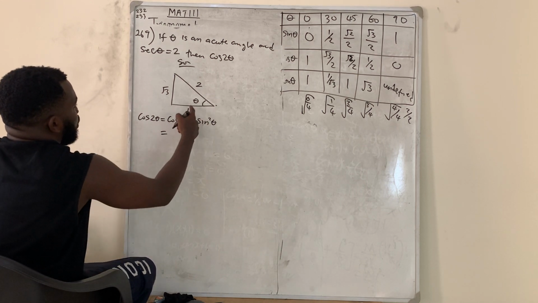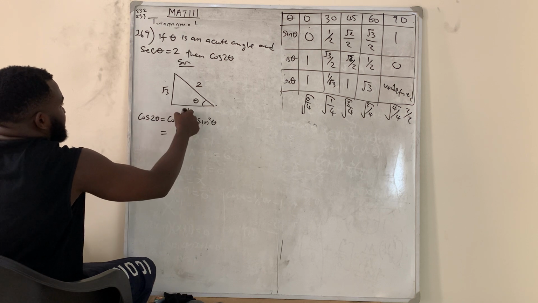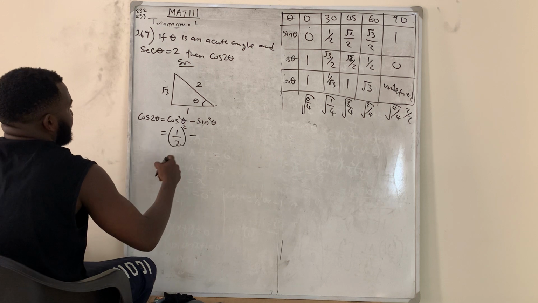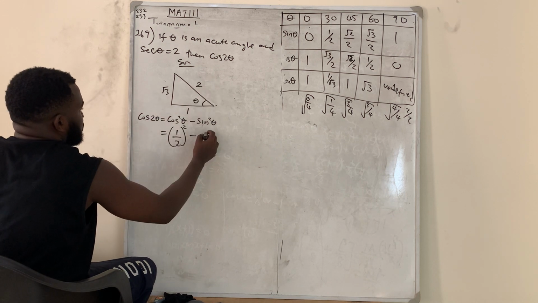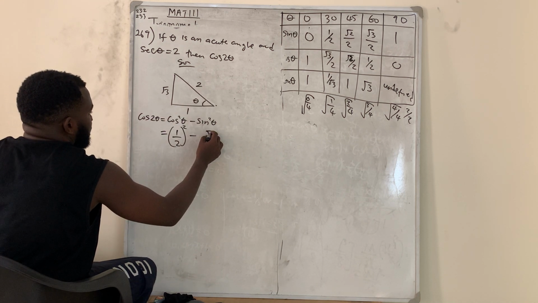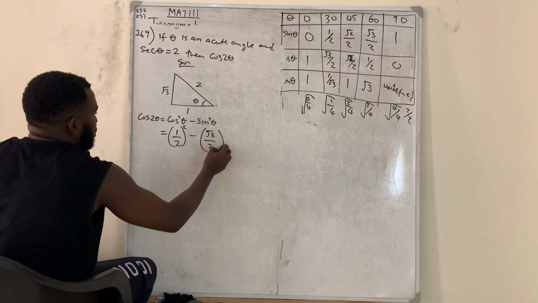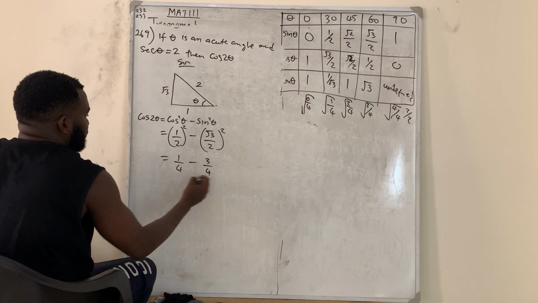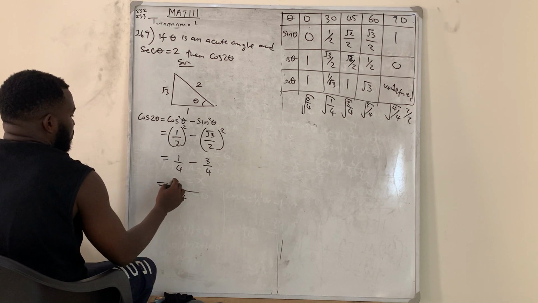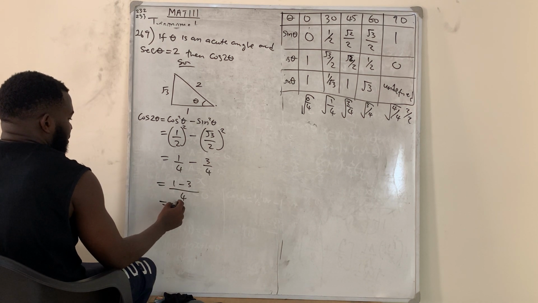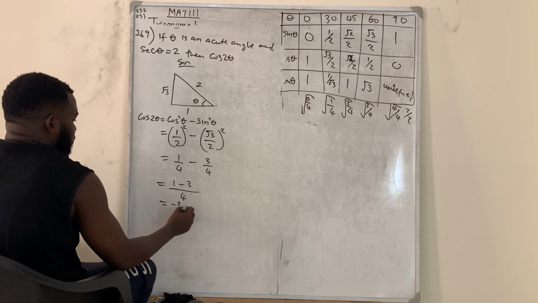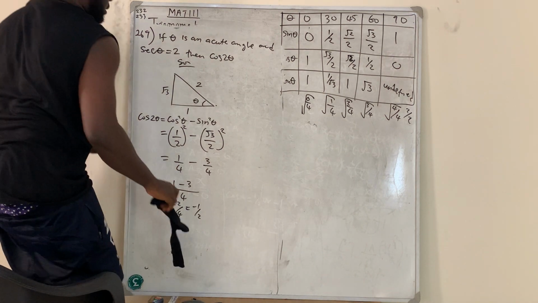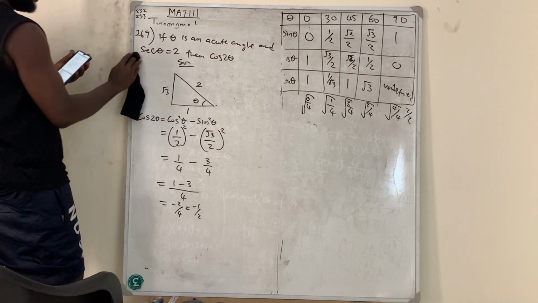Cos is adjacent over hypotenuse, which is 1 over 2, all squared, minus opposite over hypotenuse, root 3 over 2, all squared. So this gives me 1 over 4 minus 3 over 4. So 1 minus 3 is minus 2 over 4, which is minus 1 over 2. So minus 1 over 2 is the correct answer to that question.